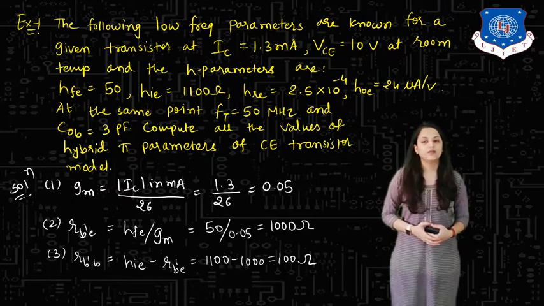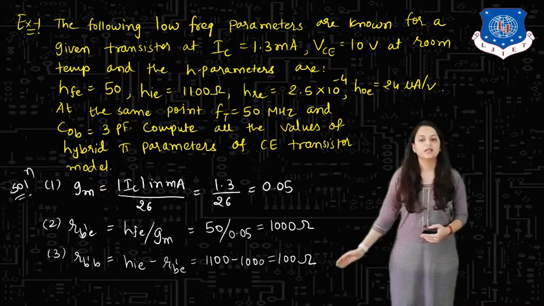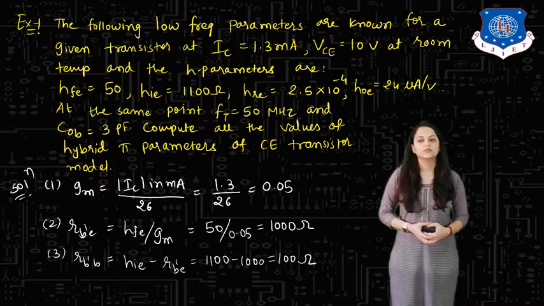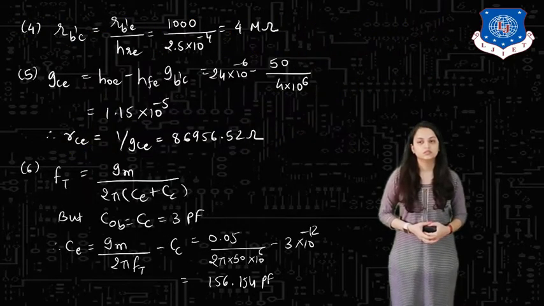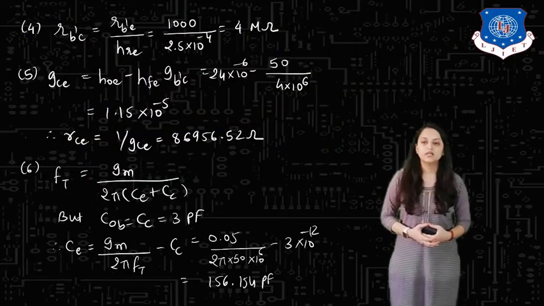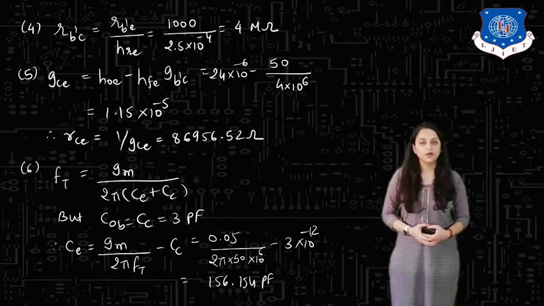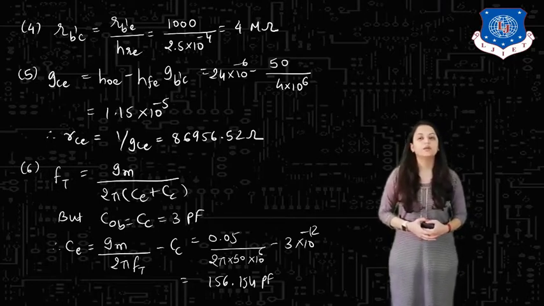We have hie as 1100 minus rB'E, that is 1000, so you get the value 100 ohms. Now the next parameter, rB'C, equals rB'E upon hre. The rB'E value obtained is 1000, divided by 2.5 into 10 raised to minus 4, so we get the value 4 megaohms.